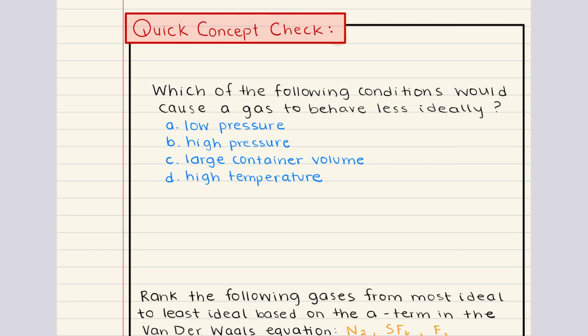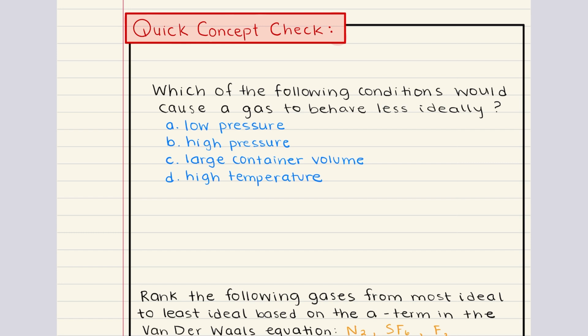That means low pressure, because low pressures keep gas molecules far apart, making their own volume negligible. That also means high temperatures because they ensure that gas molecules move quickly and don't have time to interact with each other. And it also means a larger container volume because that gives molecules plenty of space, reducing the chance of intermolecular interactions.